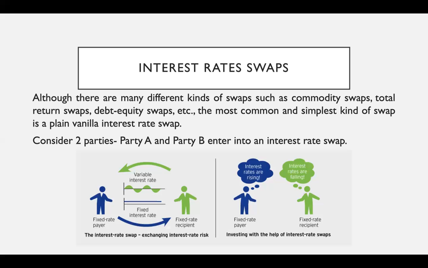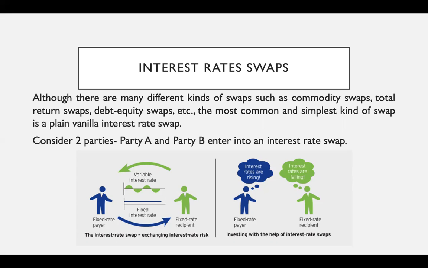The most common type of swap is a plain vanilla interest rate swap. Let's explain this through an example. Consider there are two parties, party A and party B, and they enter into an interest rate swap. Party A would agree to pay party B a certain predetermined interest rate on a set notional value at specified dates for a specified period of time.